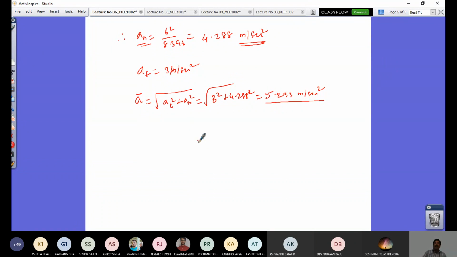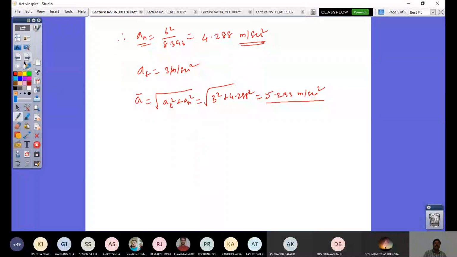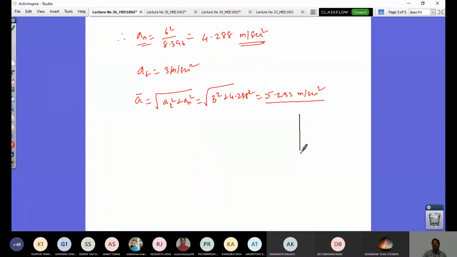And where is it acting now? It is acting in this direction. So how do I put my direction for that? If this is the path at this point, 2 meters, I have my acceleration vector like this. So the theta will be tan inverse of AN by AT.